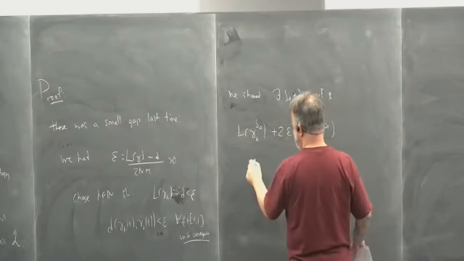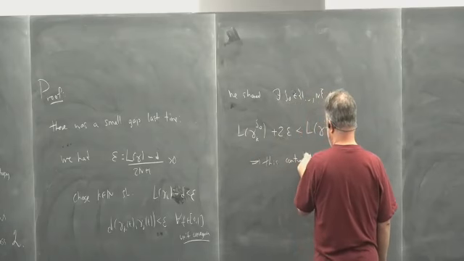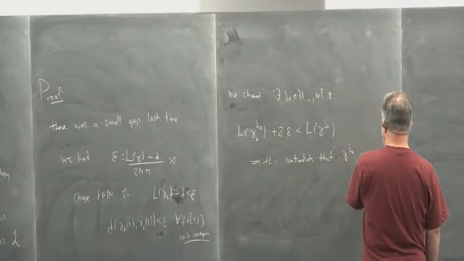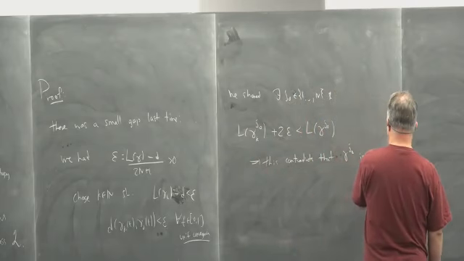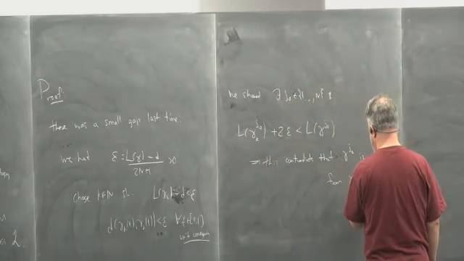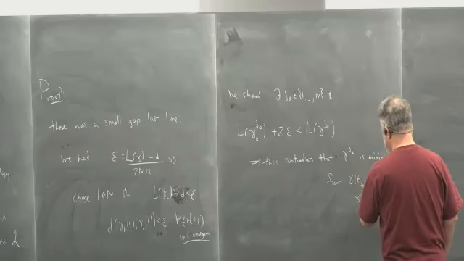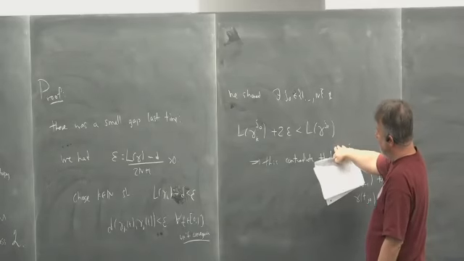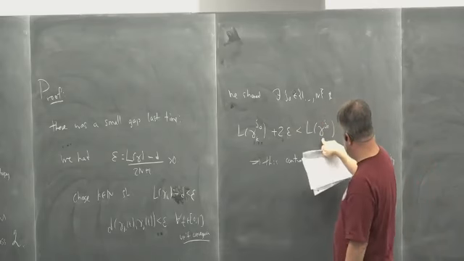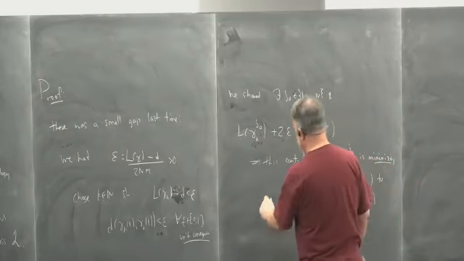And then I said this contradicts that gamma j naught is minimizing from gamma of t j naught minus 1 to gamma of t j naught. But I didn't clarify why this is minimizing, because this length, if I add 2 epsilon to this length, and it's less than this, then certainly this is less than this. But that's not the contradiction, because this doesn't have the same endpoints, right?